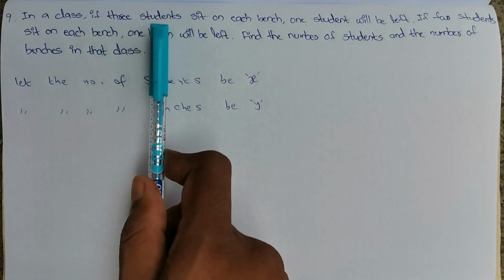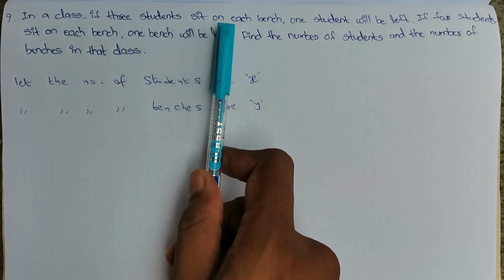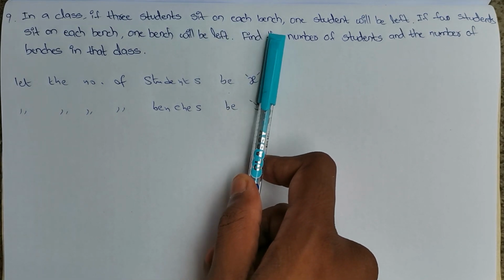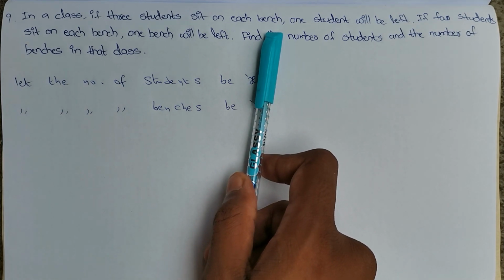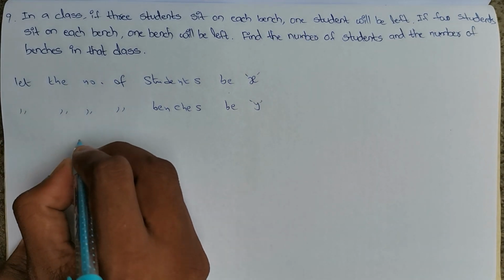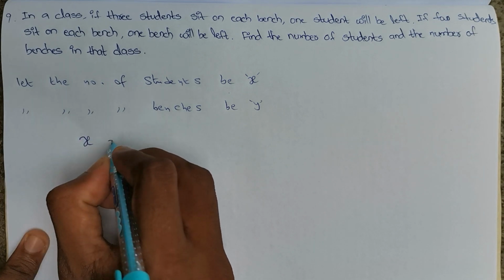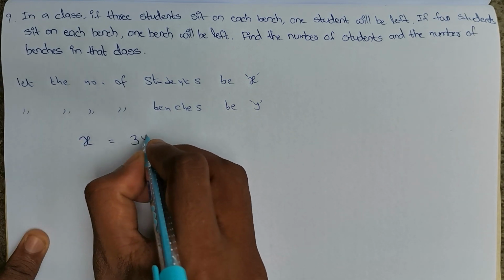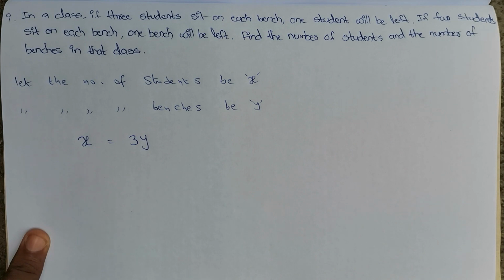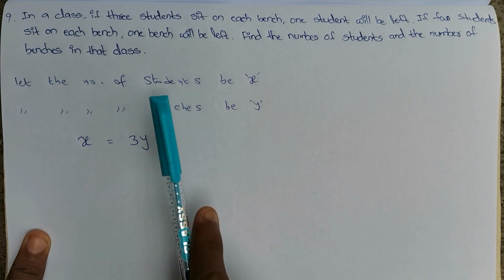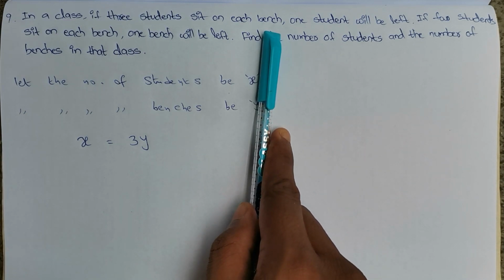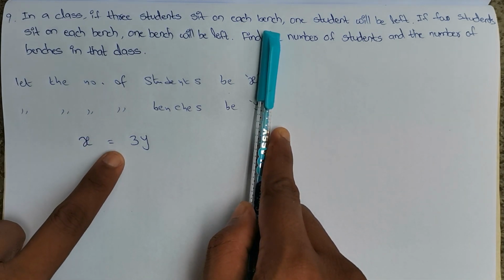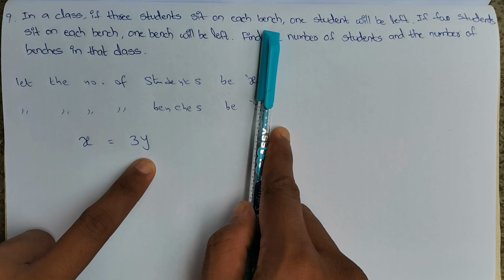If 3 students are sitting on each bench, it means the number of students is equal to 3 times the number of benches.